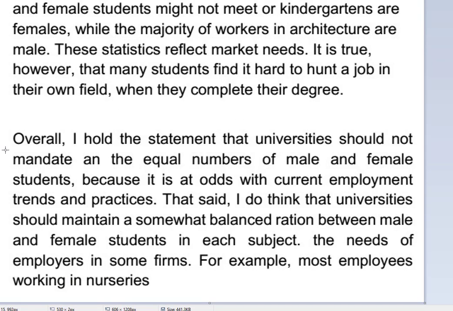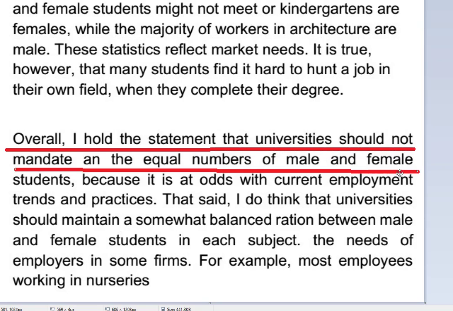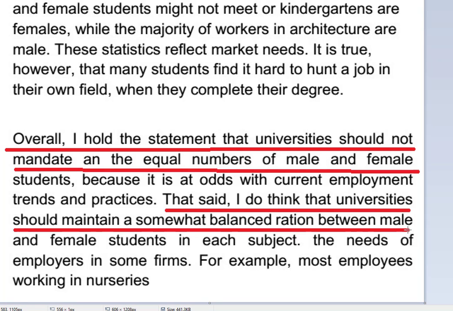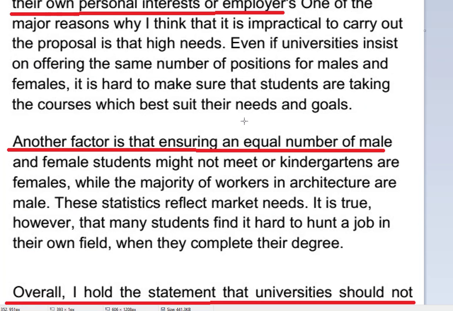The statements. Okay, so there's a clear position that can be seen here. That said, I do think university should maintain a sign. Oh, okay. But this was not mentioned anywhere else. This is just snuck in at the end.